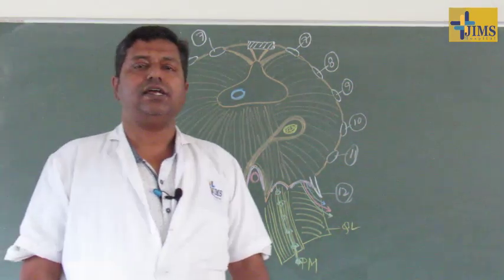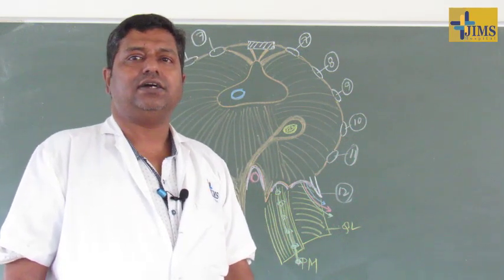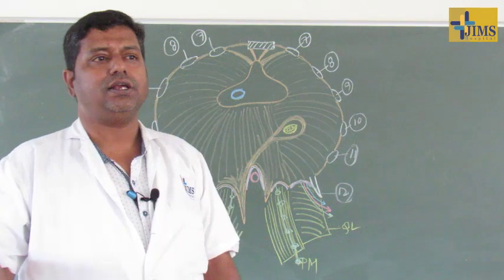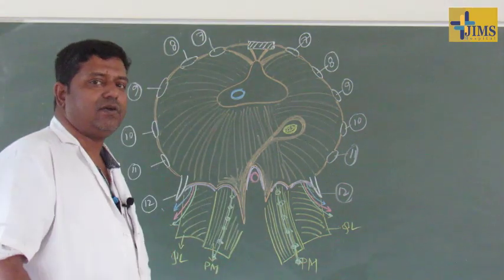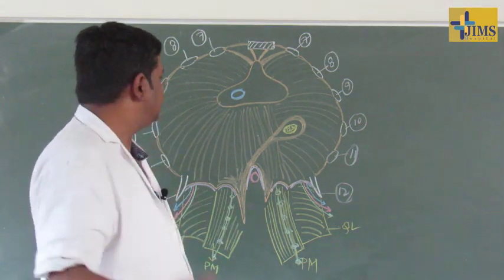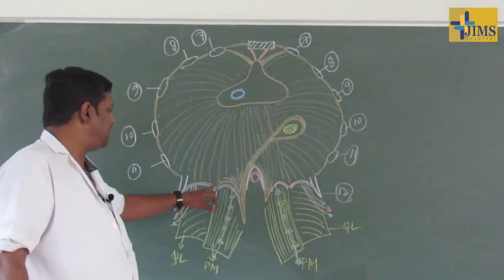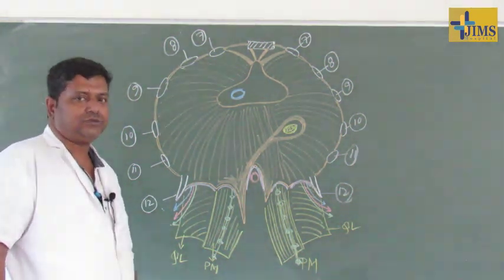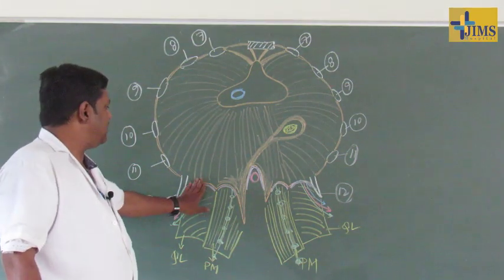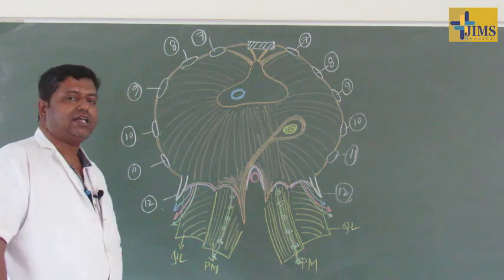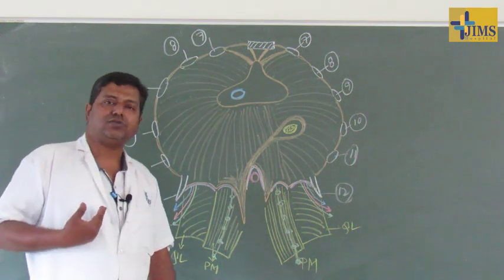Another thing is the costovertebral trigone. When the diaphragm fails to take its origin from the lateral arcuate ligament, there may be an opening here through which the abdominal contents may herniate into the thorax.